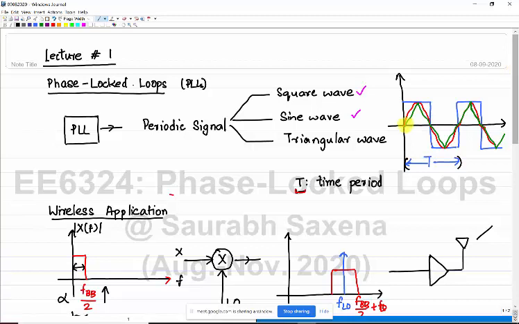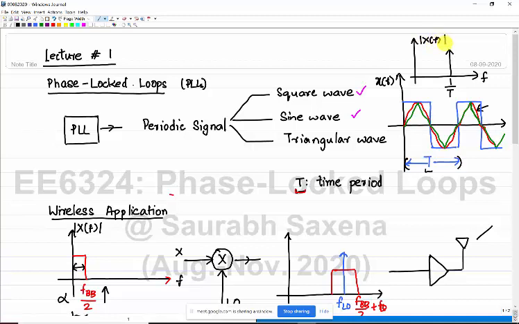So when you have a sine wave as a clock, the frequency domain spectrum for a sine wave is just a single frequency here. If the time period is t, this frequency is going to be 1 over t. In time domain, this is x of t. In frequency domain, this is going to be x of f.